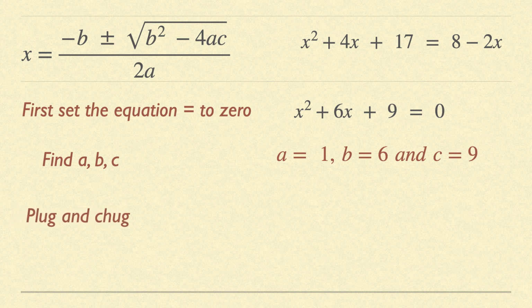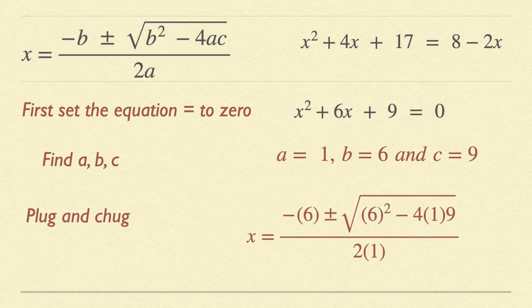Okay, we're going to plug and chug. So the opposite of 6 plus or minus the square root of 6 squared minus 4 times 1 times 9, all divided by 2 times 1. Now, I know you noticed that b in all three of my examples has either been 6 or negative 6, and a has always been 1. But a and b will change. It just happens that I use 3 problems that have similar a and b.